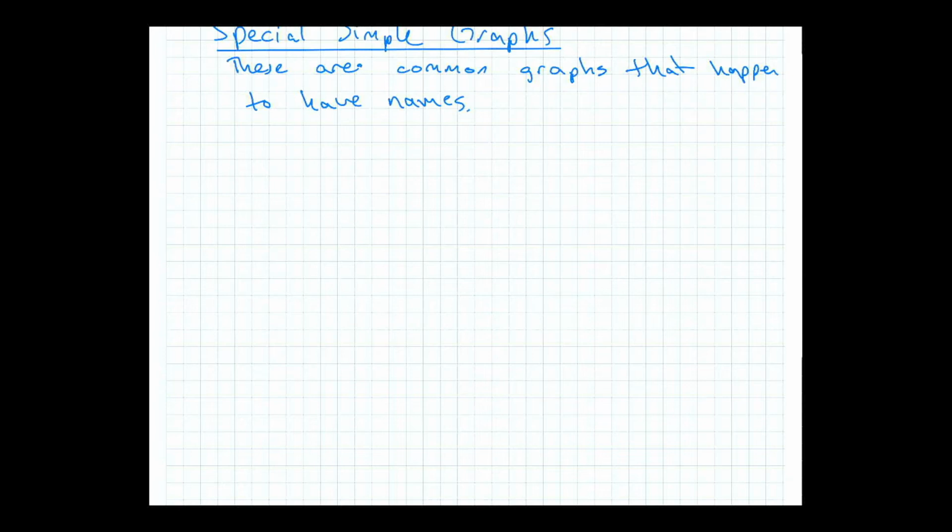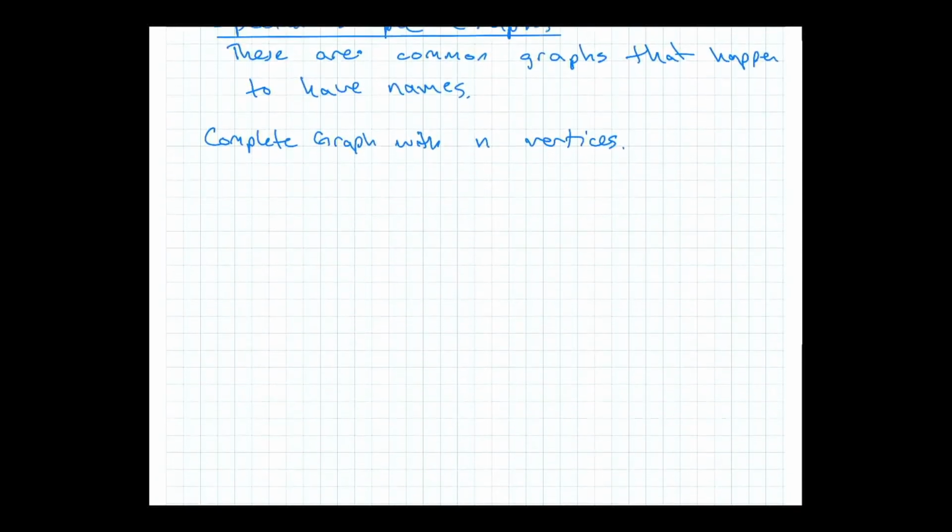So there's a complete graph on n vertices. It's called Kn, and what it is is one edge between every pair of vertices.